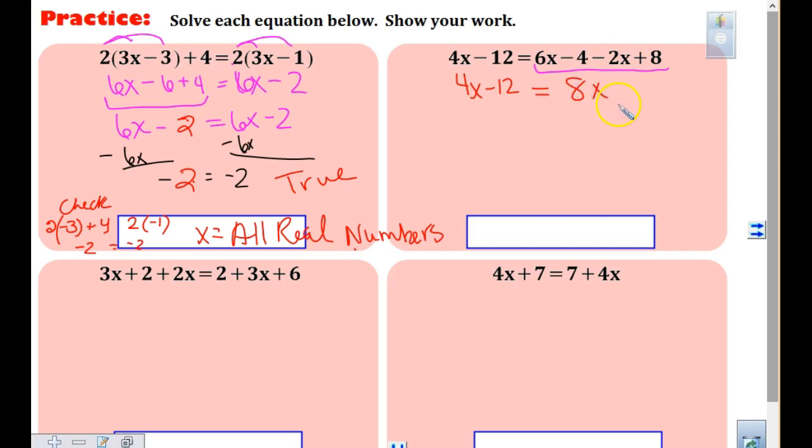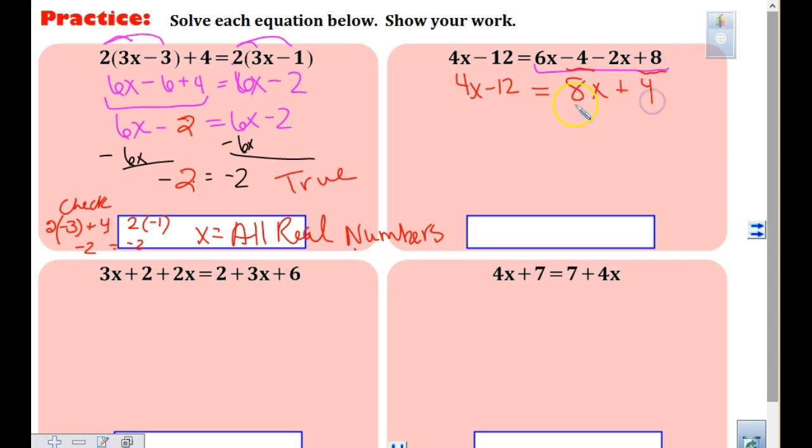And then what are my other like terms over here that you can add together? 4 and 4 plus 8, which gives us negative 4 plus 8 gives us 4 plus 4.